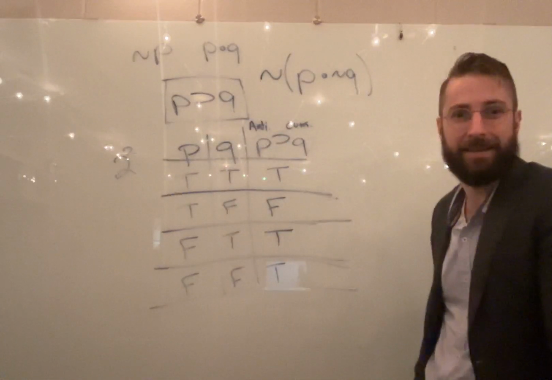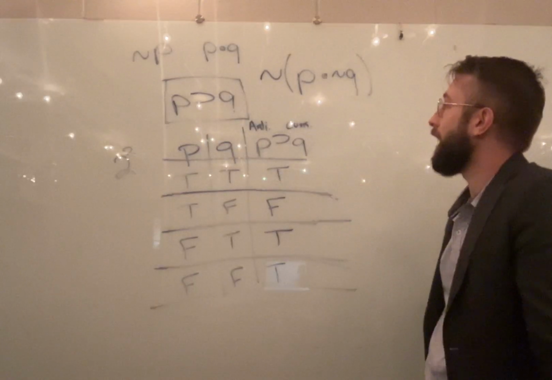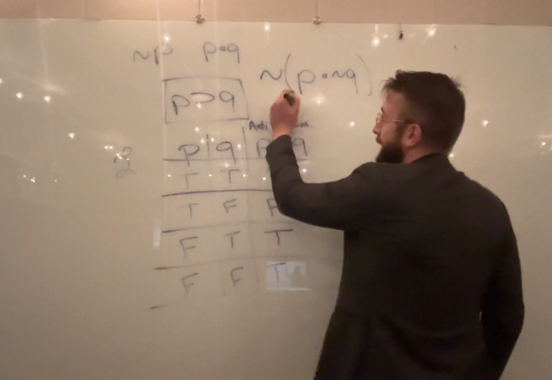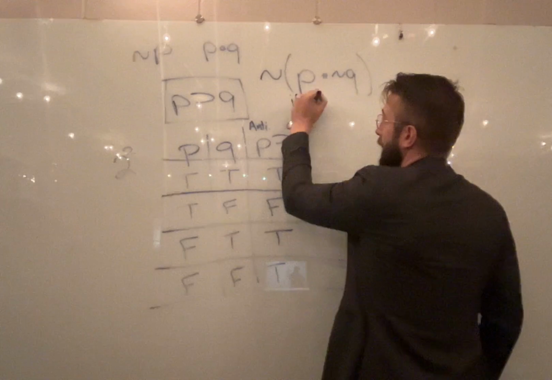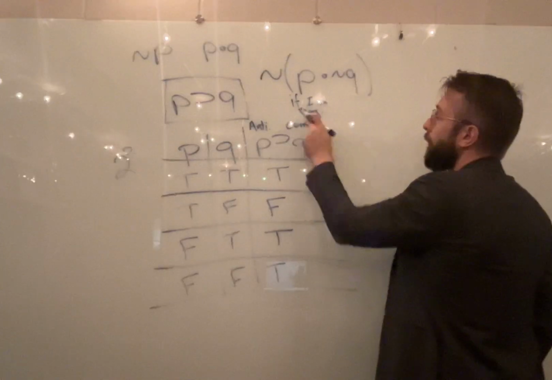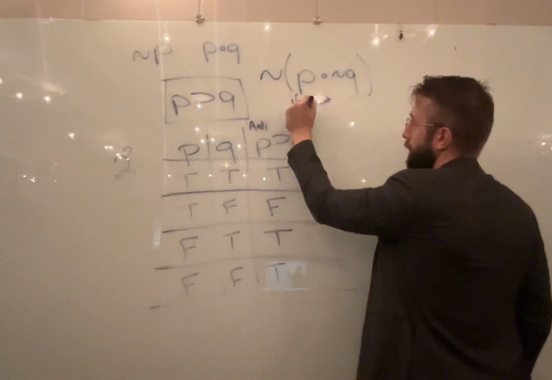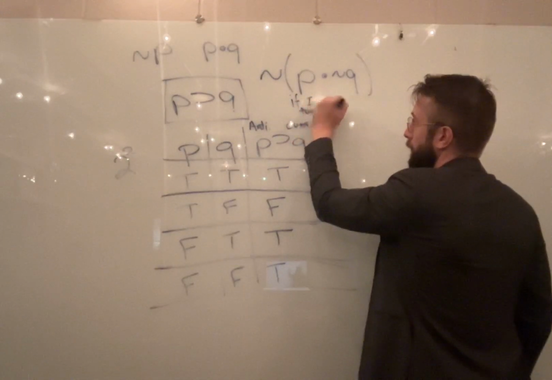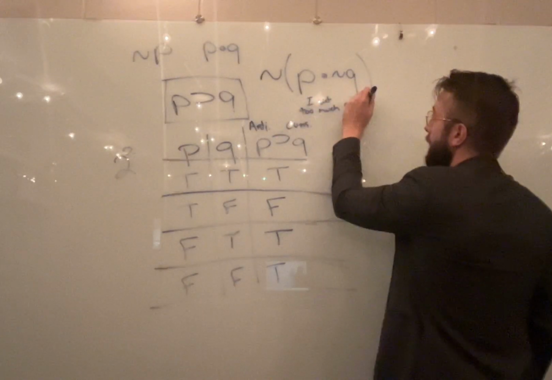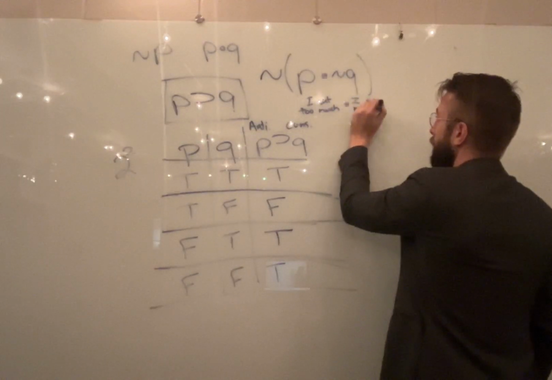It's word salad, isn't it? Honestly, sometimes it feels like you're just garbling out letters. So let's put some variables in there to make more sense. It's not the case that if I eat too much and I am not full.